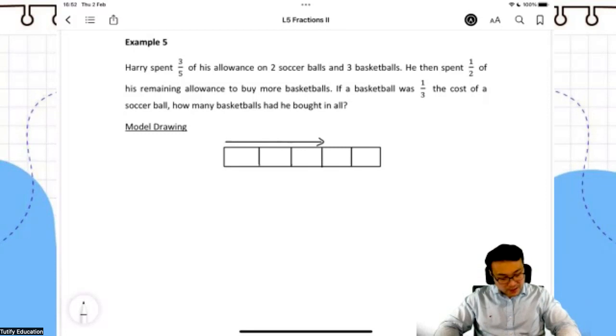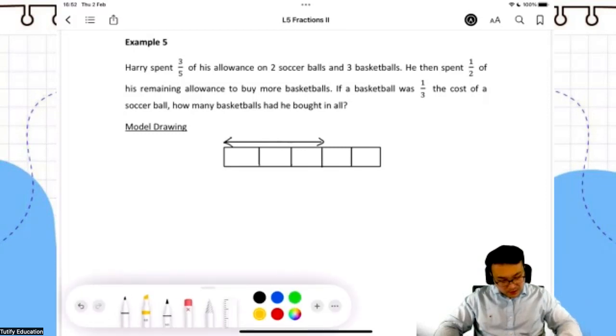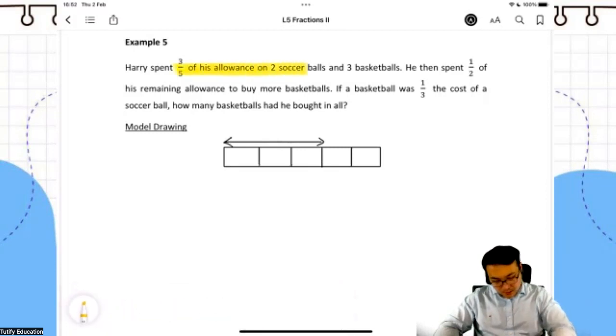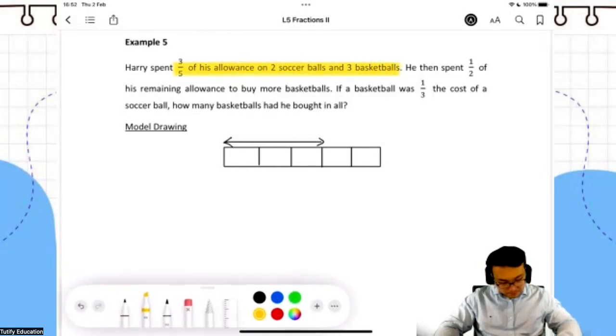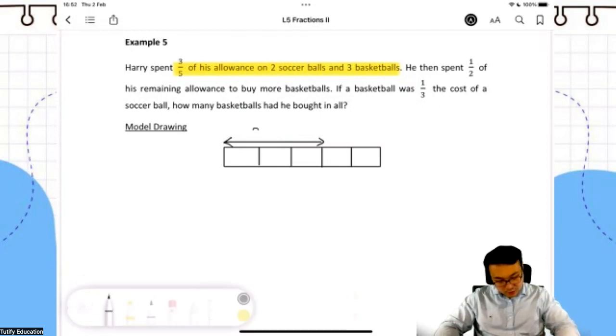Okay, 3 out of 5. So 3/5 on 2 soccer balls and 3 basketballs, okay? So I'm just going to write down 2 soccer balls, 3 basketballs here.